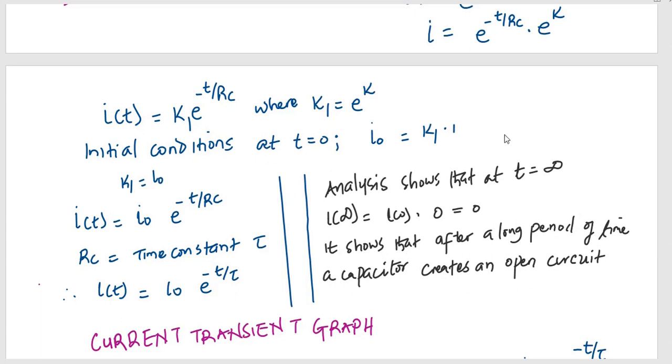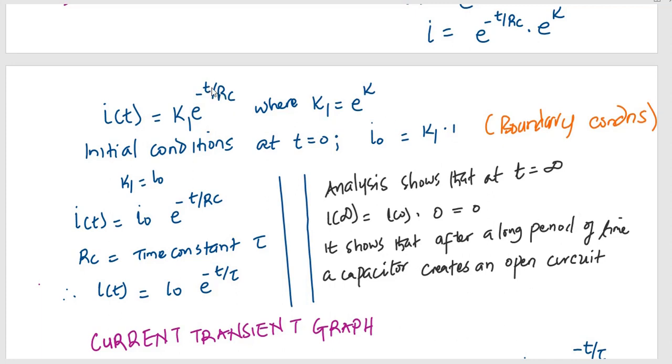So when we look at the boundary conditions, or the initial conditions, we find that at time t equal to 0, at the instant when we are closing the switch, sometimes we can even use t equal to 0 minus, I will be I naught, equaling k1 times the exponential.